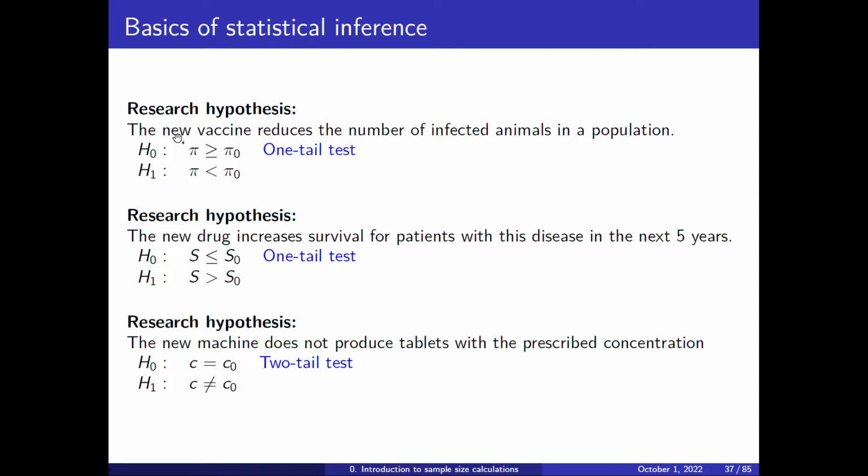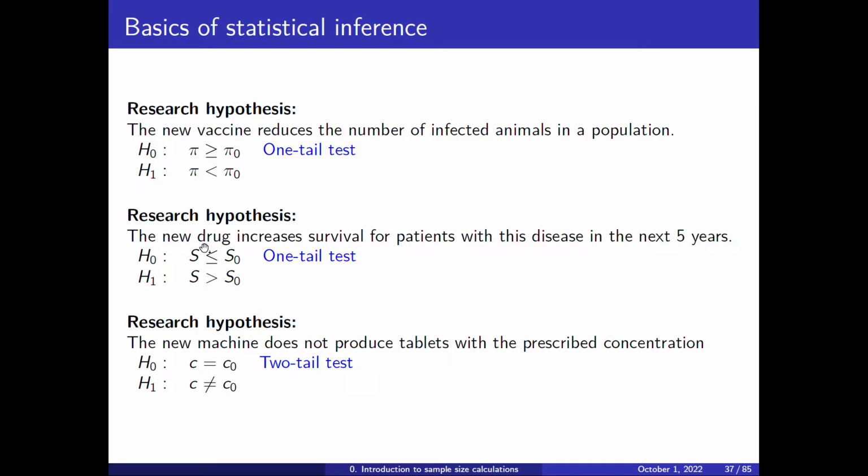For instance, you want to show that a new vaccine reduces the number of infected animals in a population. Then you want to show that the probability, pi, of getting infected is smaller than the reference value. And the opposite is that the probability is larger or equal to that reference value.